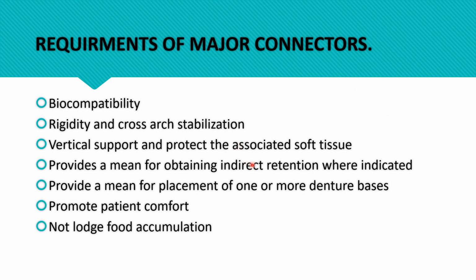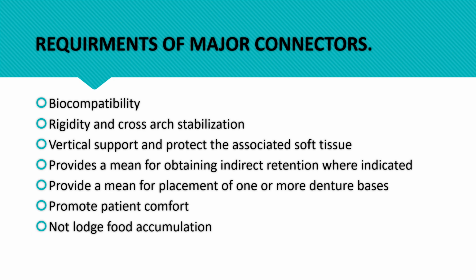The major connector should provide vertical support and protect the associated soft tissues. It provides a means of obtaining indirect retention where indicated. It should provide a means of placement of one or more denture bases, promote patient comfort, and should not lodge food accumulation.